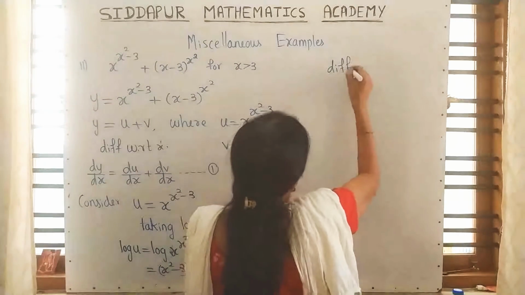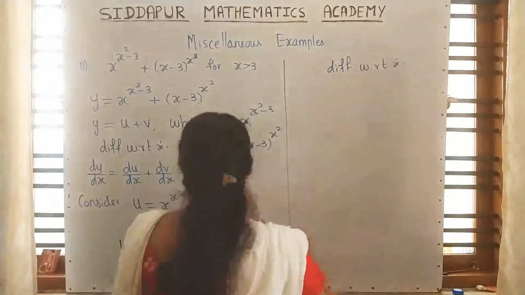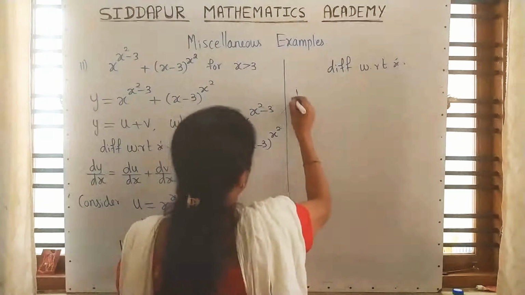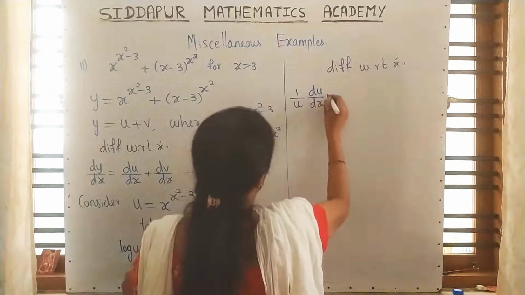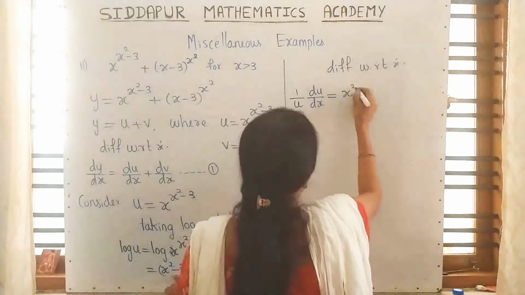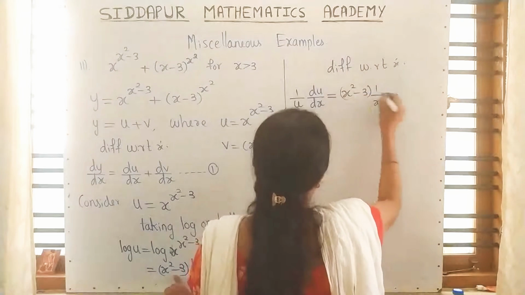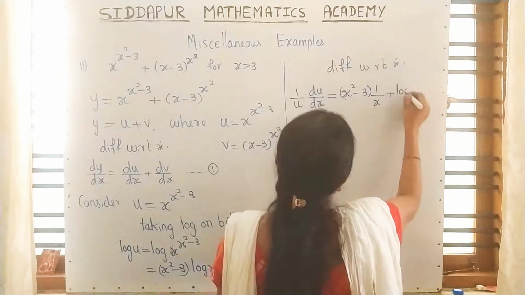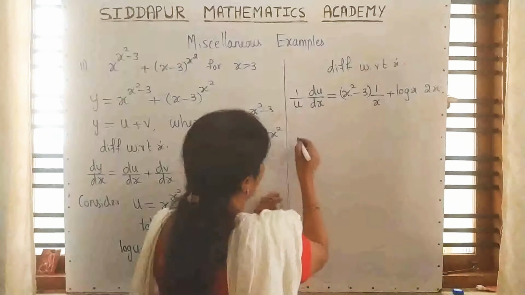Differentiating with respect to x. Differentiation of log u is 1 upon u into du upon dx is equal to, here x square minus 3 as it is, differentiation of log x is 1 by x, plus log x as it is, differentiation of x square is 2x.